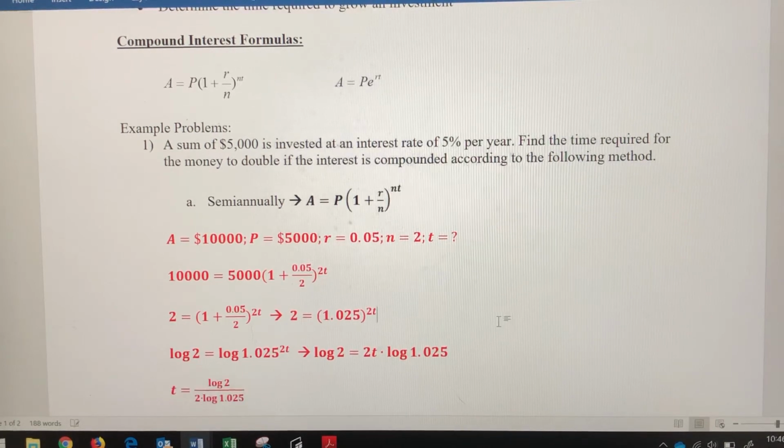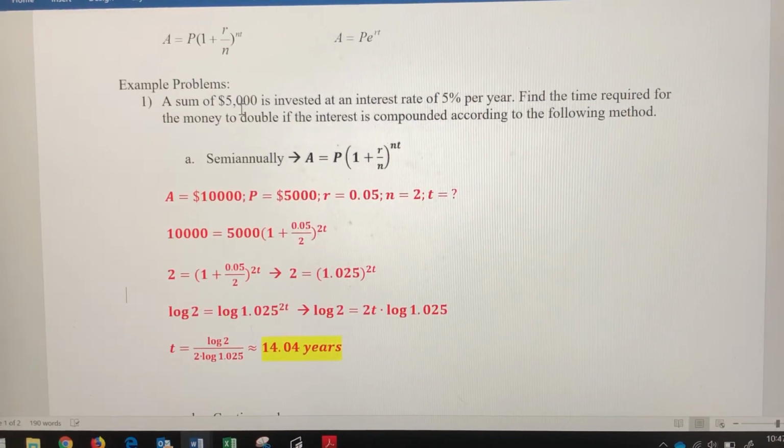So t equals log 2 divided by 2 times log 1.025. Now I can use a calculator to evaluate this. My money's going to double from 5,000 to 10,000 in about 14.04 years.